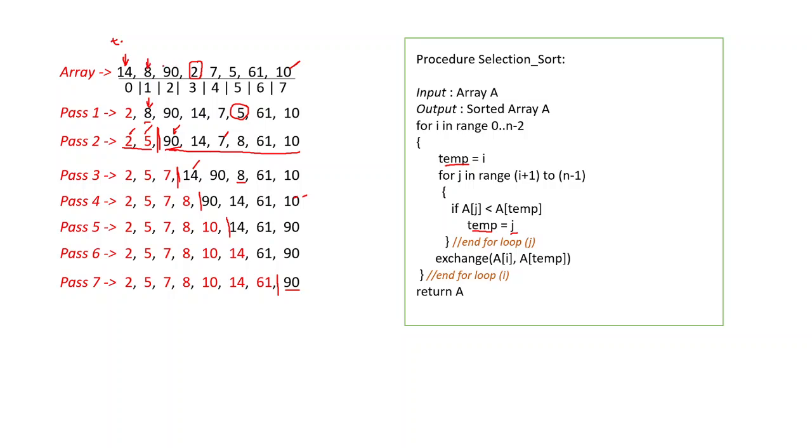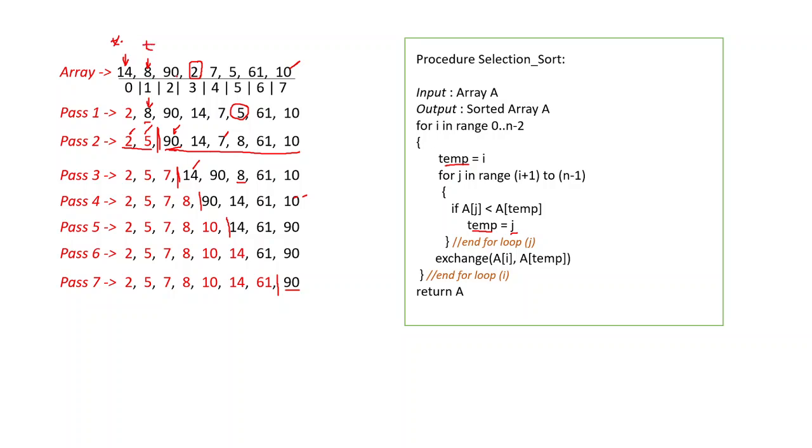Now we consider if A[temp], that is 14, is less than... sorry, if A[J] is less than A[temp]. If A[J], which is 8, is less than 14, yes, it is less than 14. Now temp gets the value of 1.